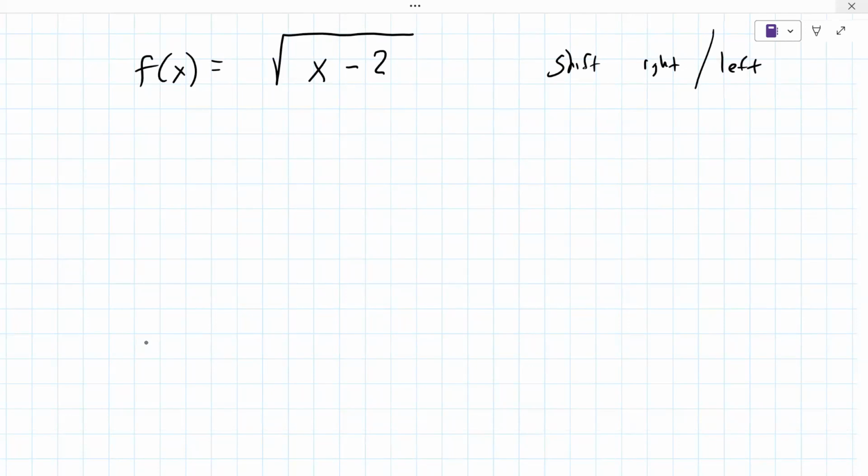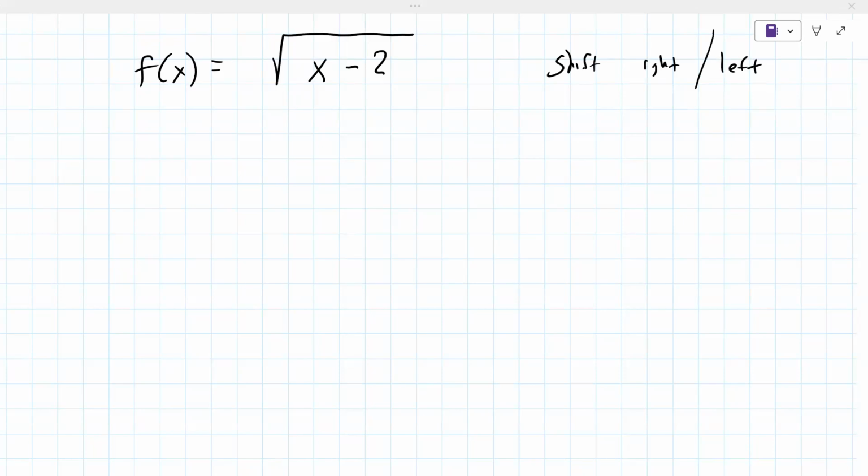Okay, why is it to the left? Because negatives are at the left. That is not true. Positives go to the right and negatives go to the left. I mean, you can make up whatever you want, but it's not true. It's because there's a minus 2 right there. That is not the way that this works.